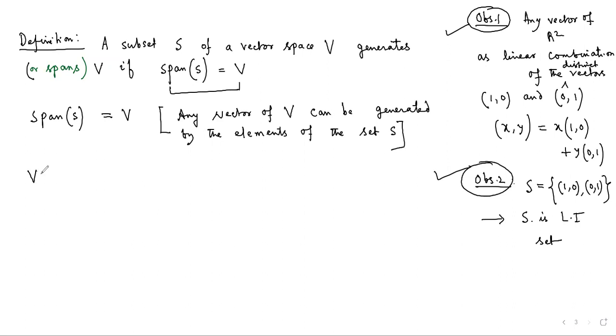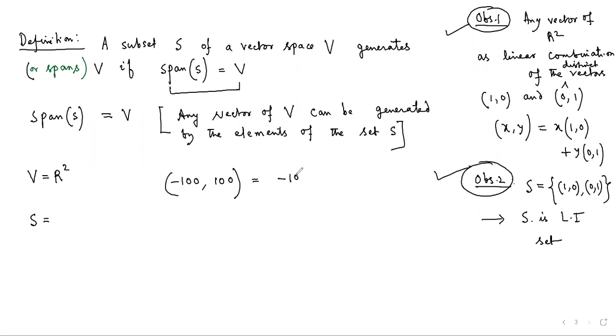In my example, my V is R2. Now, if I give you a very arbitrary point, for example minus 100, 100, can I represent minus 100, 100 by the elements of capital S? Yes, sir.